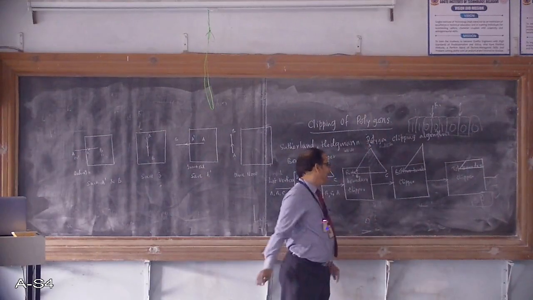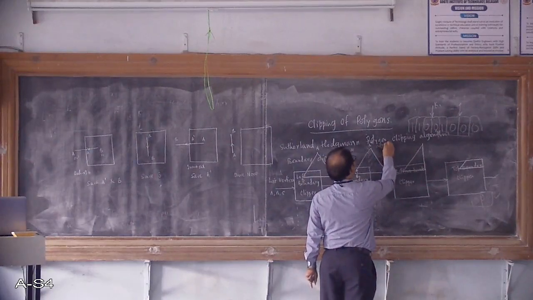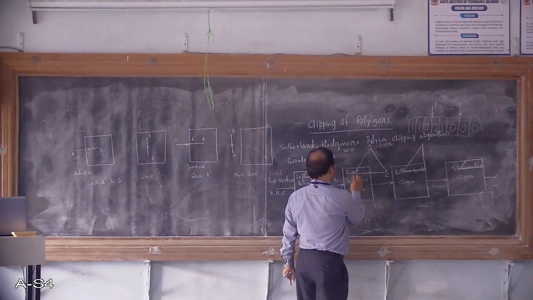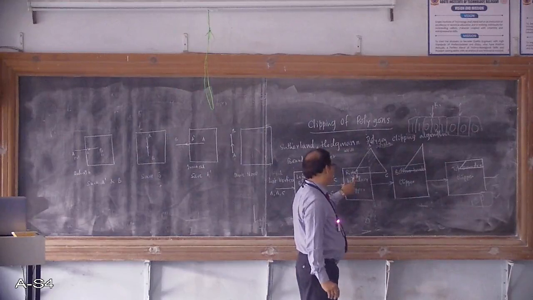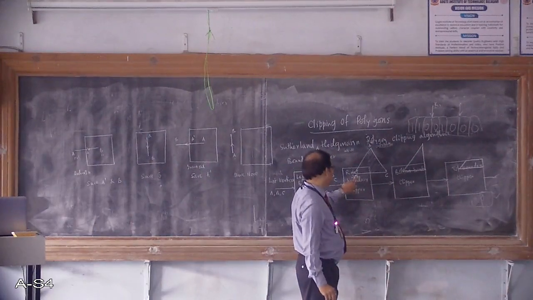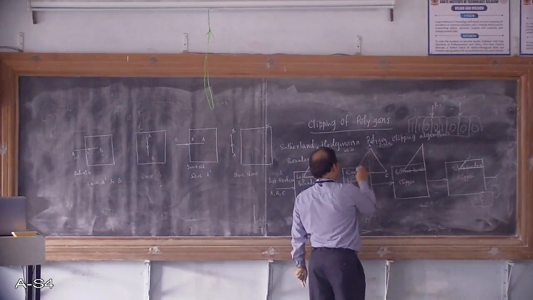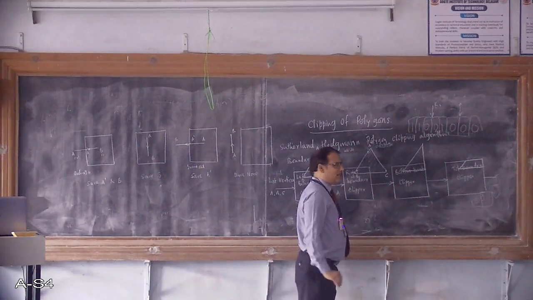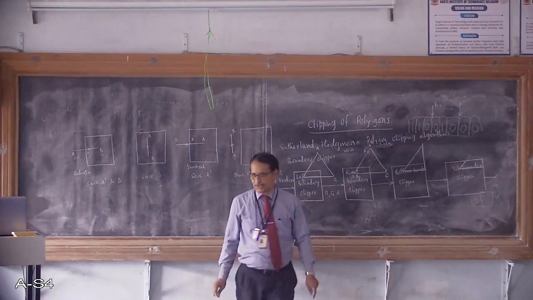You can see that A is outside the clipping window and B is inside. Vertex B is inside, and vertex A is outside, and this edge intersects with the right boundary here. We will determine this intersection point, and let us name this intersection point A dash.